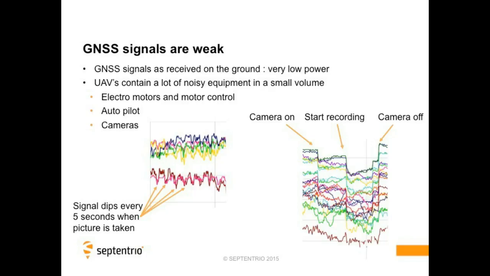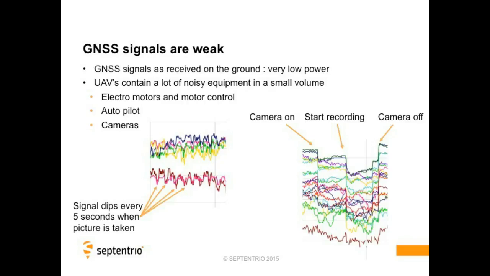On the left-hand side, for instance, you can see signal dips every 5 seconds, each time a picture is taken and some high volume data is being written, which generates the digital noise. In the other picture you can see that when the camera is switched on, the signal level drops. When video recording starts, the signal level drops some more, and the signals are recovered again when the systems are turned off.